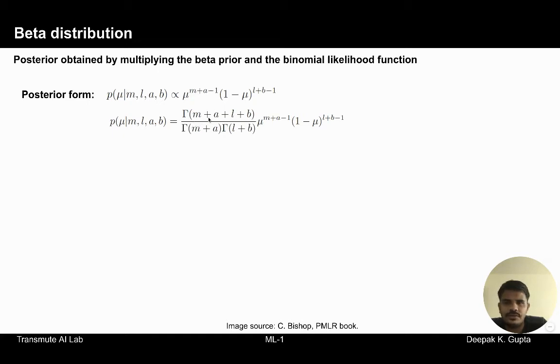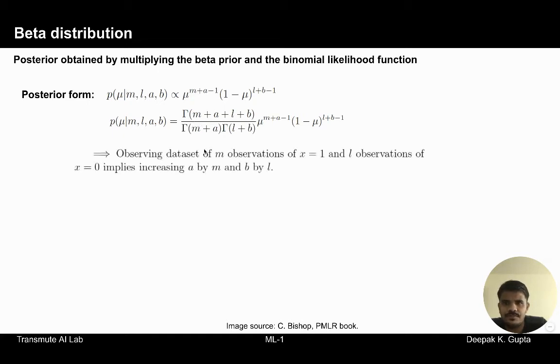And if we try to relate the posterior with the prior, what we see is that after observing m samples of x equal to 1 and l samples of x equal to 0, we are just replacing a with m plus a and b with l plus b. What this means is that the posterior can always be used as another prior for the next posterior.